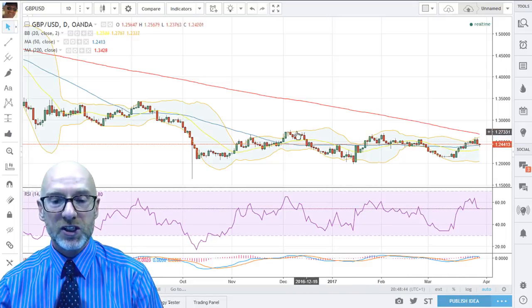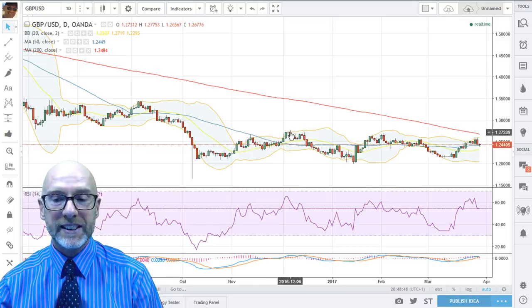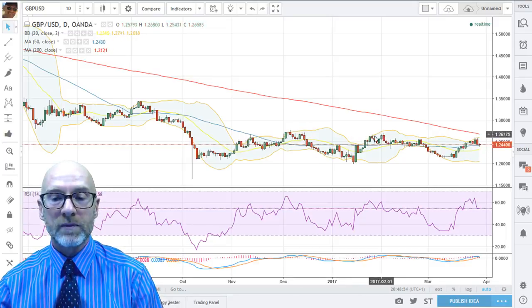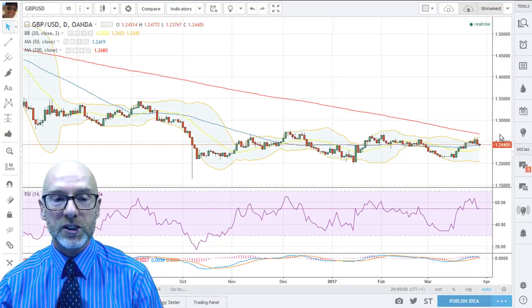But before we get to that, if there was an upside push from this 50-day moving average, you can see that the market previously in this 127 up to the 127.50 level has done a lot of work before. These are all resistance lines in themselves, which would come into play before the 200-day, which is at 126.80.